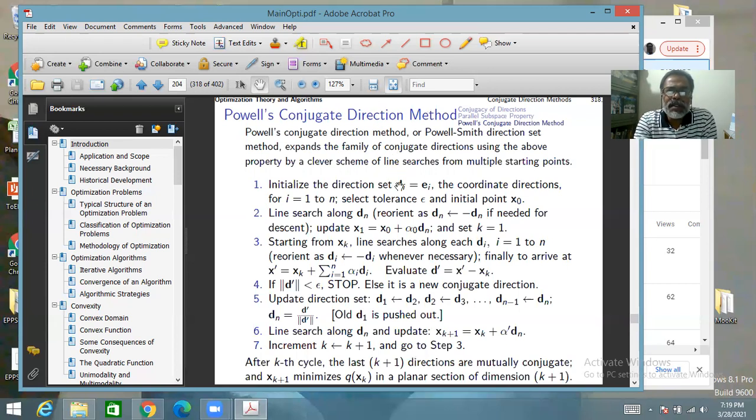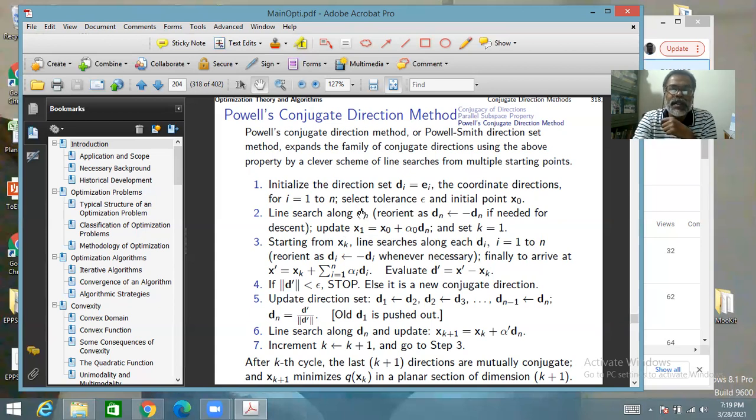So initialize the direction set. Now we are not calling them from d0, we are calling them from d1 to dn, initially e1, e2, e3, e4 up to en. That is 1, 0, 0, 0, then 0, 1, 0, 0, and so on. N directions, initially set along the coordinate directions. Then first conduct a line search along the last direction, dn.